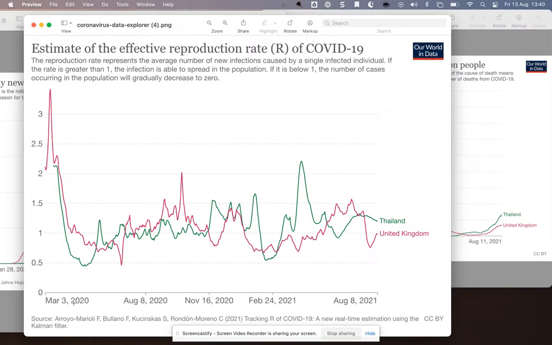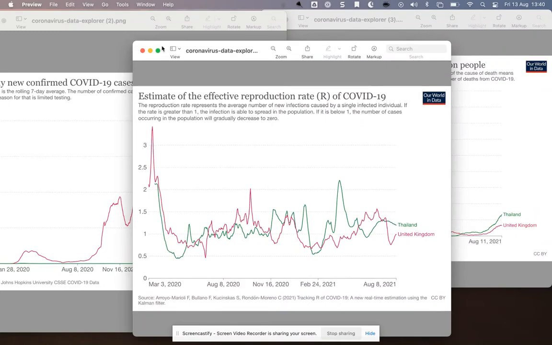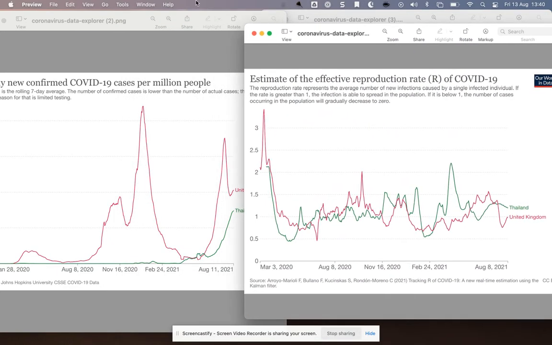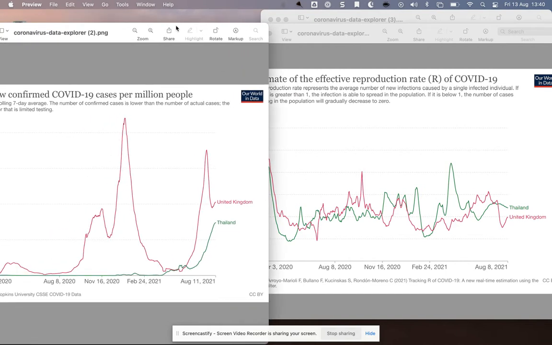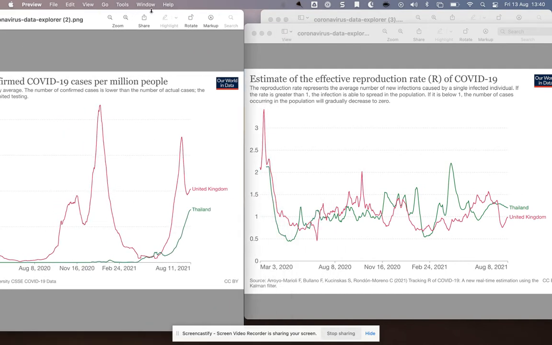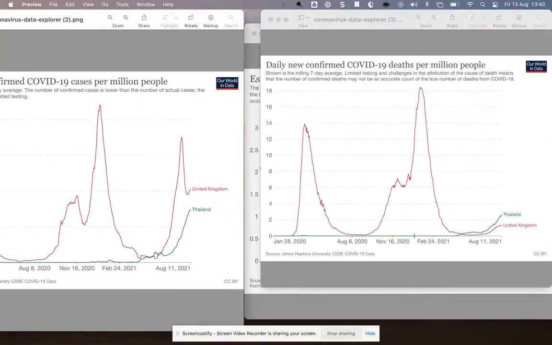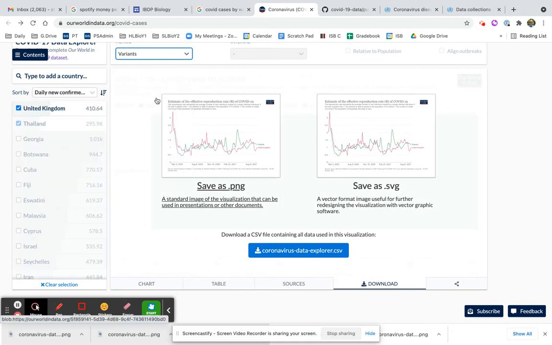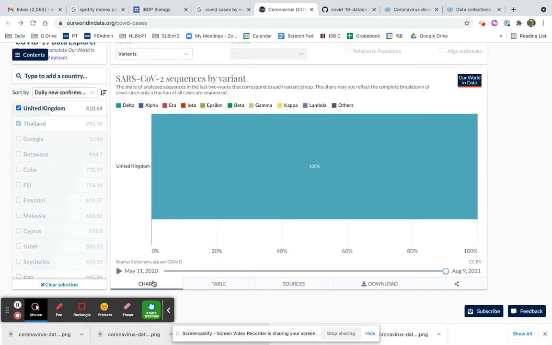Right now I'm asking very vague questions, but nothing specific. Then I look at cases versus the reproduction rate, right? It doesn't seem to be a lot there I can compare, though there seem to be the same peaks when those happen. I could also look at the number of variants or the percentage of variants.